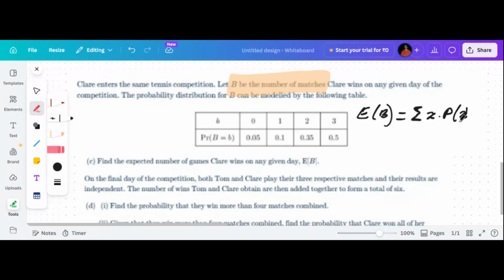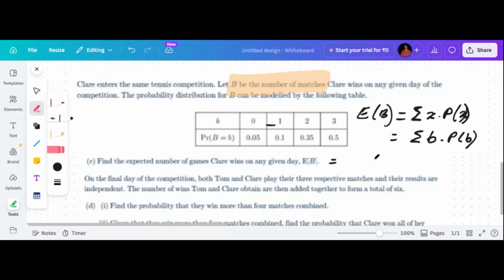Or in this case, our x is B, so it will be sigma B into probability of B. Now, the upper row gives B, and the bottom row gives P of B, probability of B.